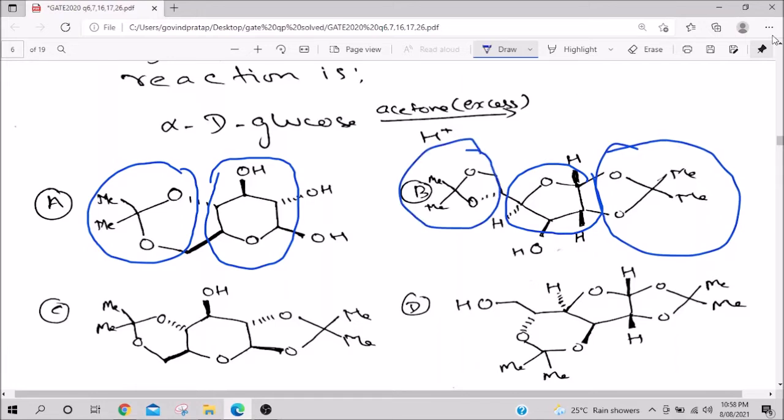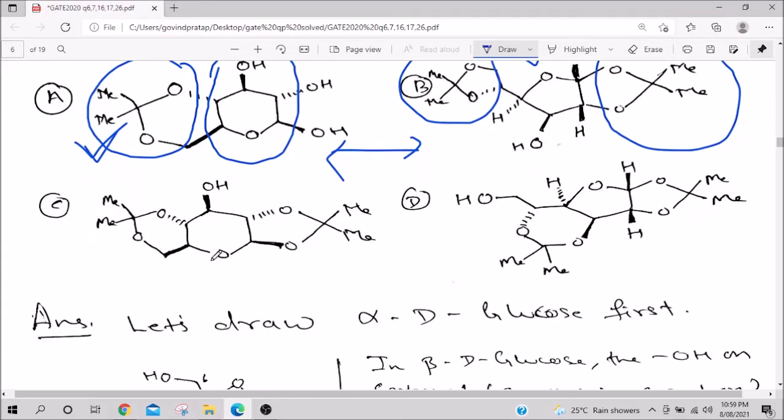So, if I have to go for something like Crorepati, and I do not know anything, and they ask me a choice and I come down to 50-50, and they tell me between A and B, I would have chosen B even if I do not know the mechanism, because it gives me some idea that more acetonide is formed. So, it is thermodynamically more favored. So, this is what should happen rather than one acetonide formation. Similarly, if you go to C, now C looks more interesting.